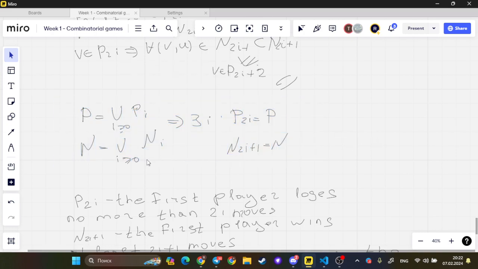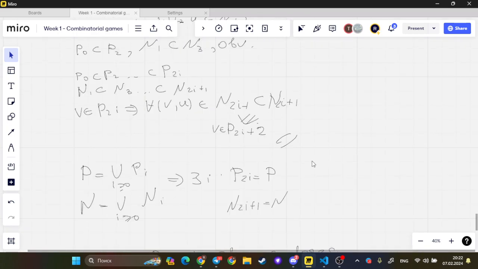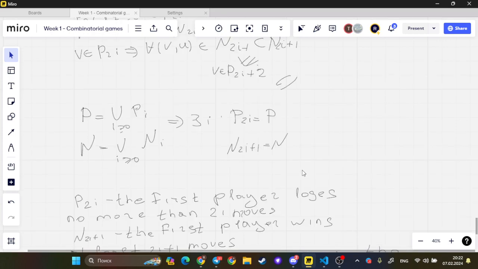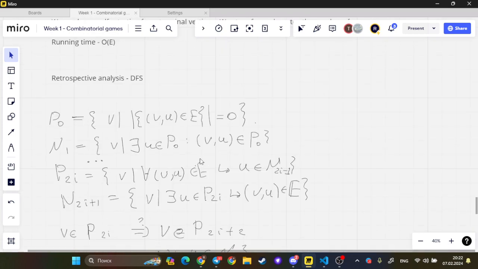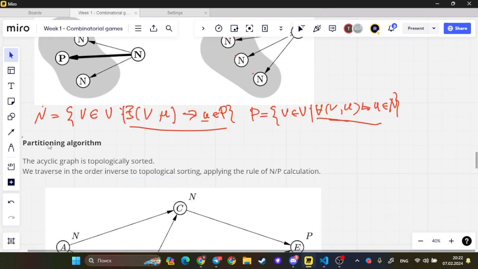Hence there exists E such that in this case we just union all these classes and these classes, and we get the general class defined like this.